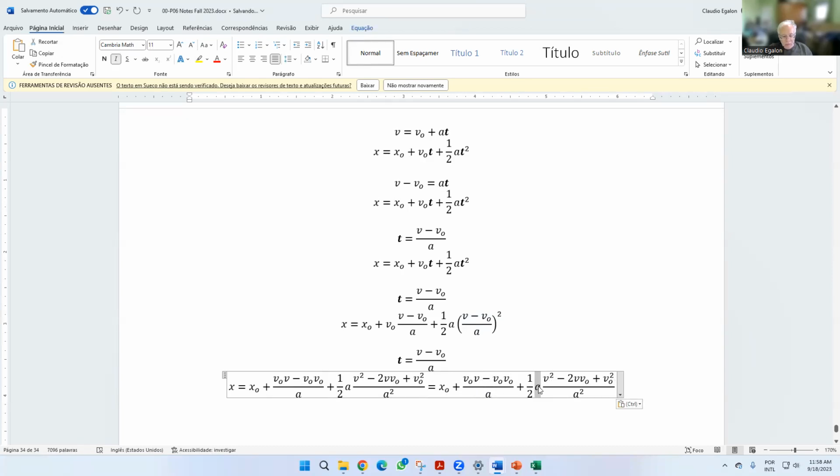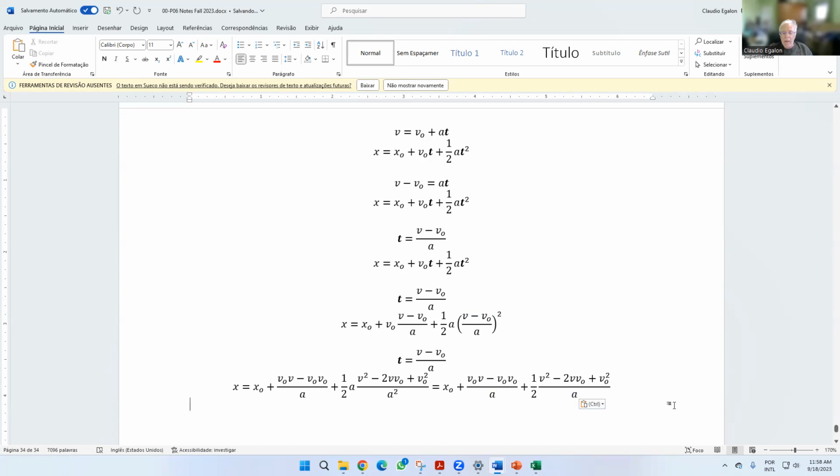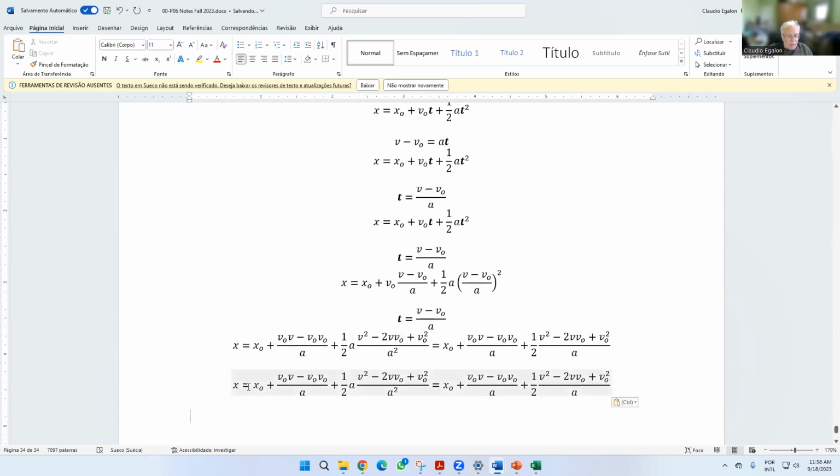A cancels out with A. Okay. This V squared. Let's see what we can do here. Then let's see if we can combine those two now, right? I need another line here to do that. Here we go.